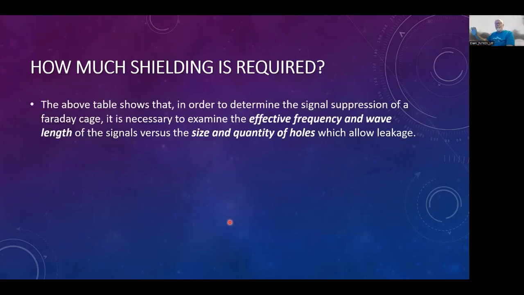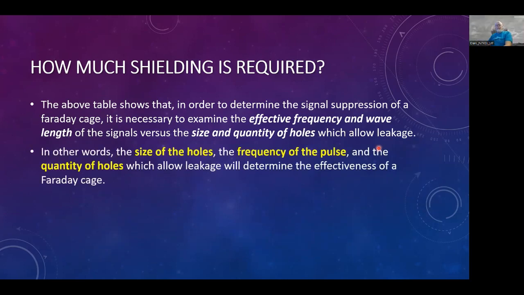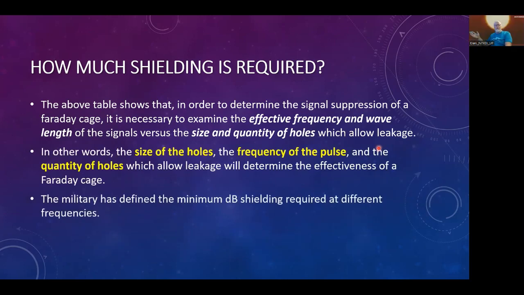So back to what I'm talking about here. The table that I just showed you, you can use to determine the signal suppression of a Faraday cage. Again, you're looking for the effective frequency and wavelength and the size and quantity of the holes which allow leakage. So it's those things that determine the usefulness of a Faraday cage.